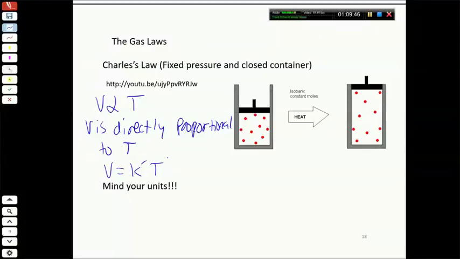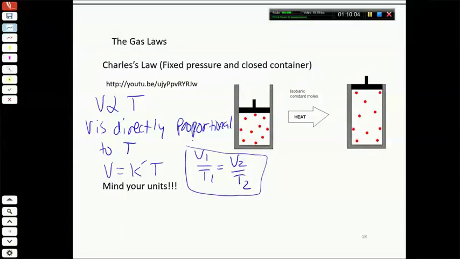But we can set this up in terms of initial and final conditions, where V1 over T1 equals V2 over T2. We just rearrange everything, move it all to one side, and set the initial and final equal to each other. So that's a mathematical expression of Charles's law.